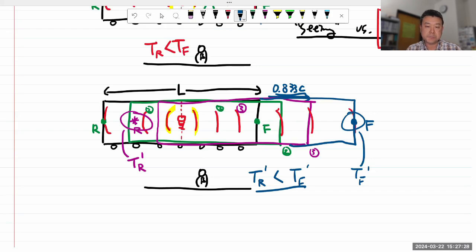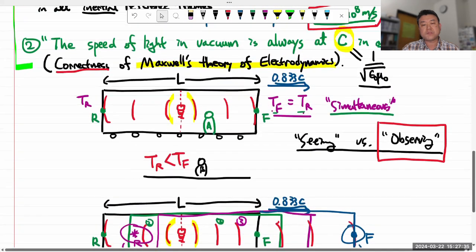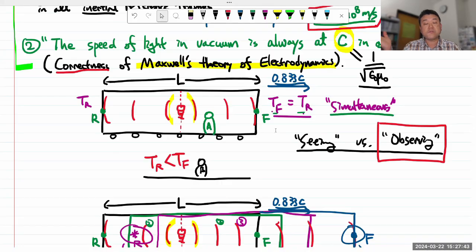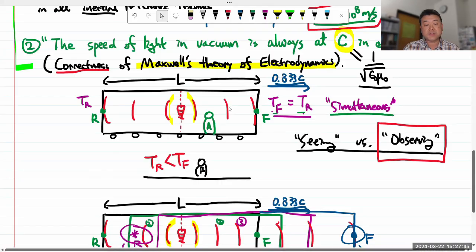I think we are used to thinking of an absolute time. We are used to thinking, assuming, presuming that simultaneity is universal. That if something was simultaneous for Alice, it must be simultaneous for Bob.